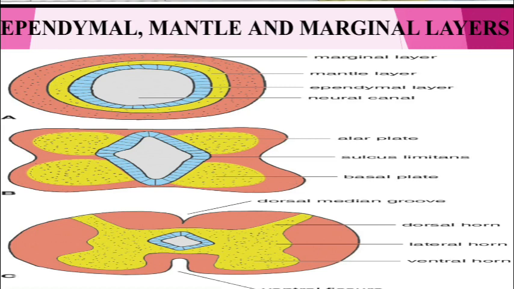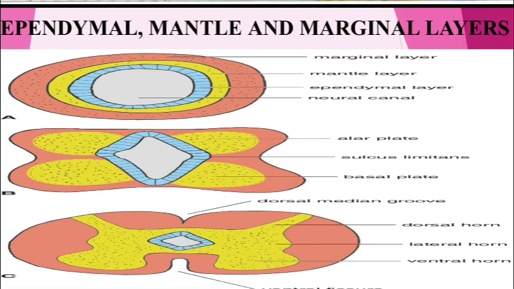Then finally, these structures differentiate to give you the gray matter. The alar and basal plates will differentiate to give you the gray matter. You can see the alar and basal plates are colored yellow. They differentiate from the mantle layer, which is colored yellow there in the first diagram.